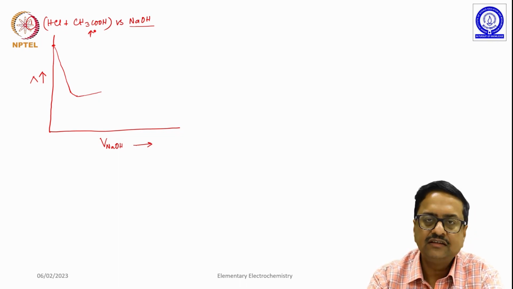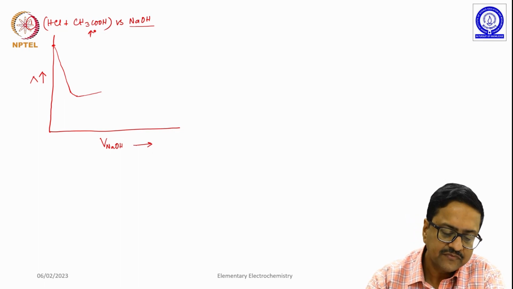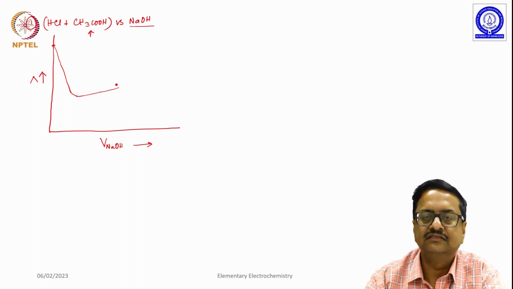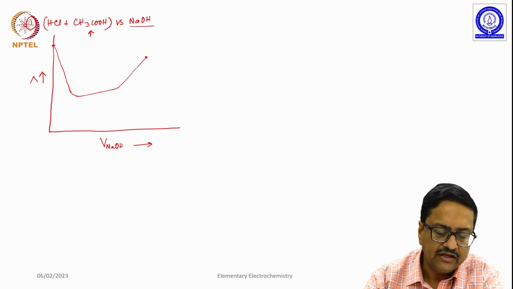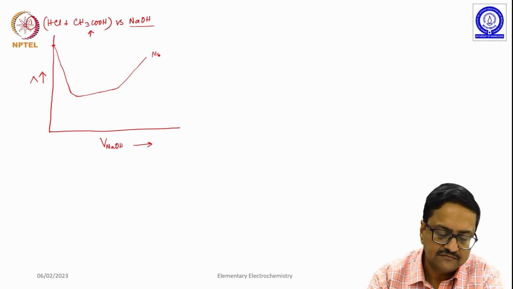So you add NaOH, H plus is removed, you let it equilibrate, some more H plus is generated, and the conductance increases. This continues as long as acetic acid is there in solution. And when acetic acid is totally consumed, NaOH takes over, so you get a plot like this.